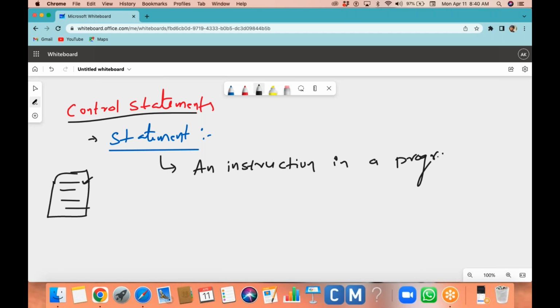That we are calling a statement. Is it clear, my point? That is exactly the definition of a statement. I hope you understood.